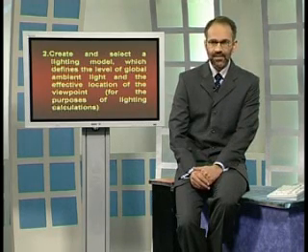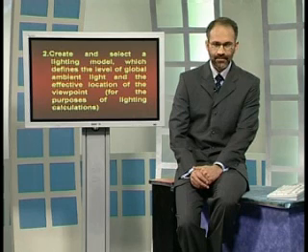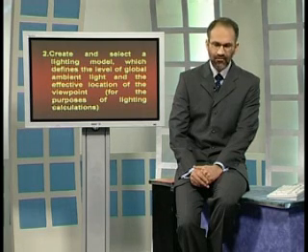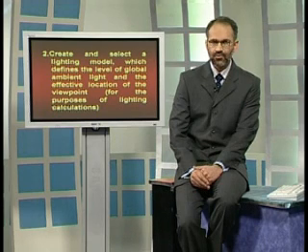Second step is to create and select a lighting model which defines the level of global ambient light and the effective location of the viewpoint for the process of lighting calculations. So we'll be creating and selecting a specific lighting model to use, and then making use of that model we'll be defining and calculating the global ambient light, which would contribute towards the basic light that would be used to define different objects, although we have already discussed that ambient light does not give us the details of the objects.